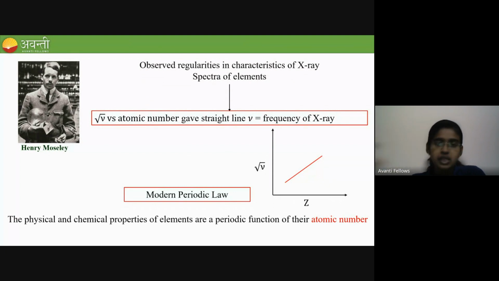This is a very important law, and the periodic table we are using now is in accordance with this modern periodic law only.